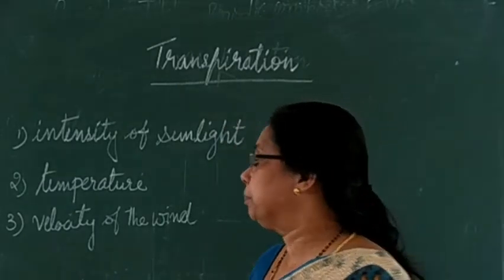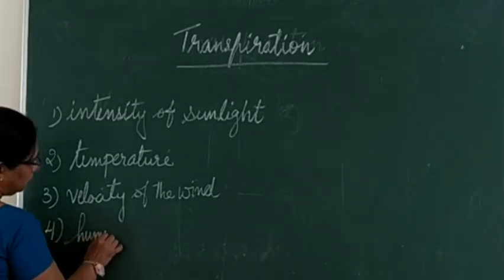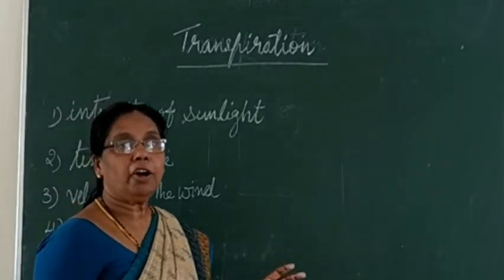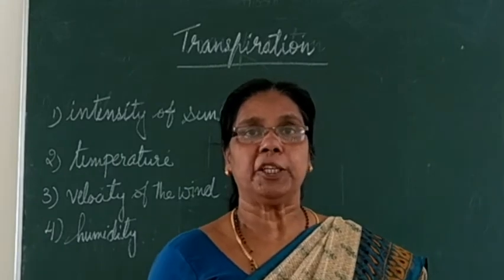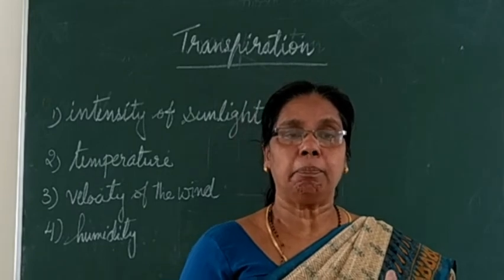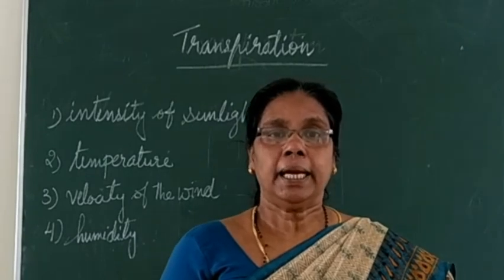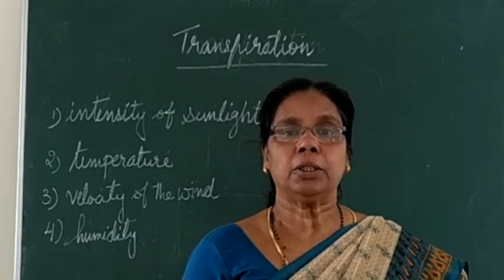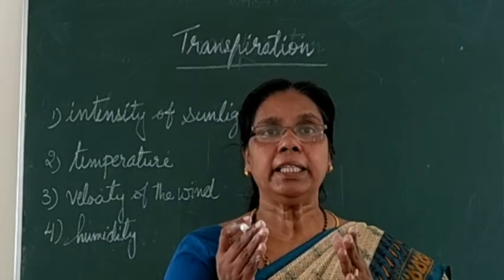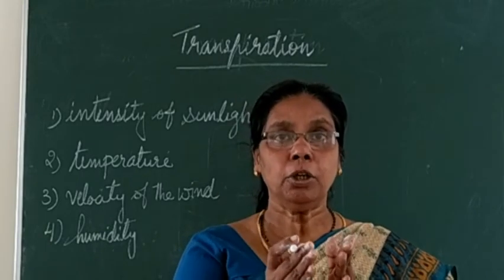Next is humidity. What is meant by humidity? The amount of water vapor present in the atmosphere is called humidity. Now, how does it affect the plant in the case of transpiration? Transpiration is reduced if the air outside is humid. If more humidity is there, stomata will show a tendency to close.